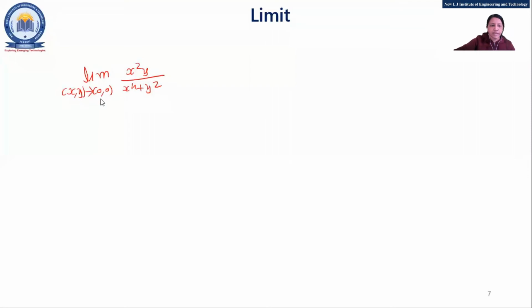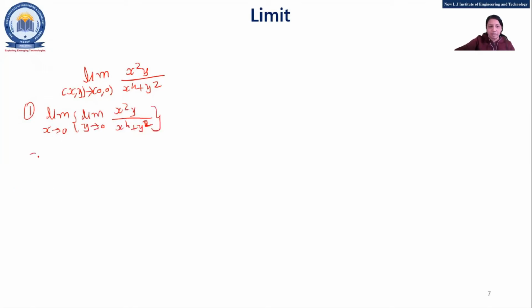First, it is 0, 0, right? So you have to go for the first case. Limit y tends to 0, x square y upon x4 plus y square. This way you have to find out.